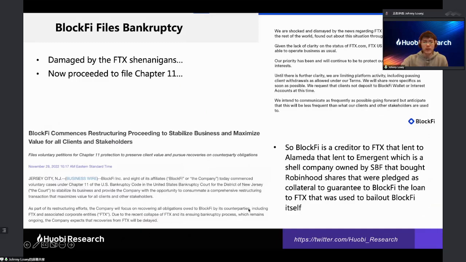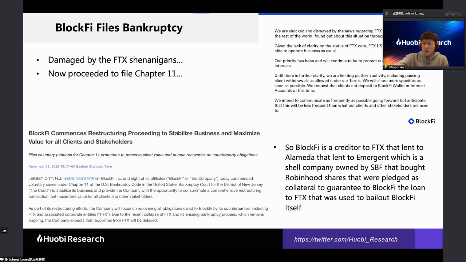So let's get back to the crypto. We just saw the news that BlockFi filed for Chapter 11 bankruptcy. BlockFi is a creditor to FTX, which lent to Alameda Research, which lent money to Emergent, a shell company owned by SBF, the CEO of FTX.